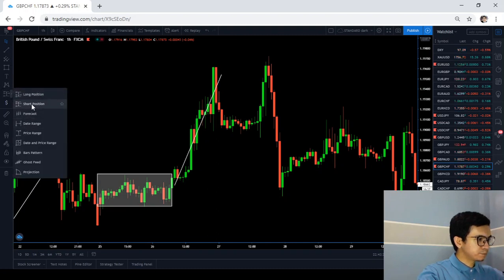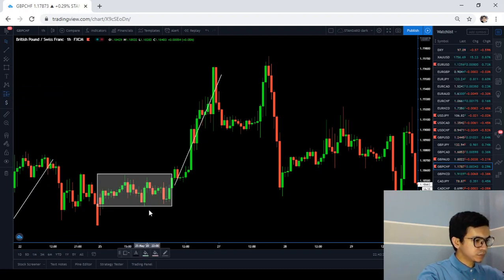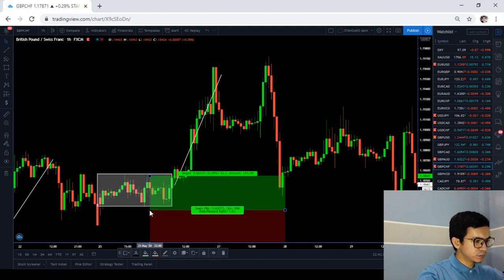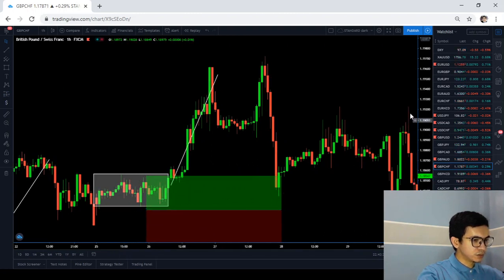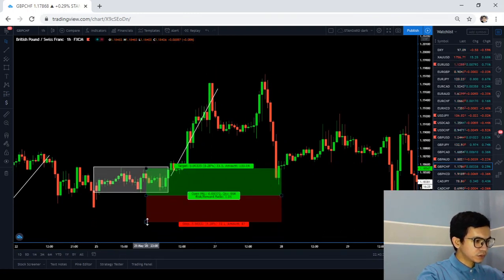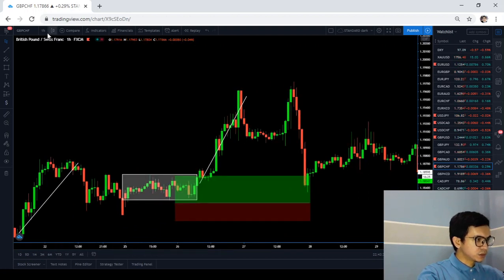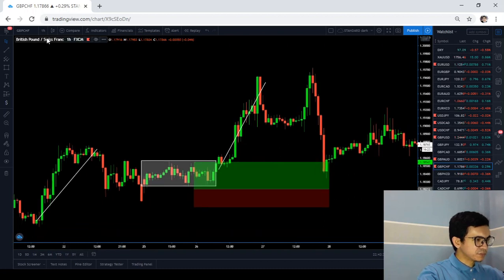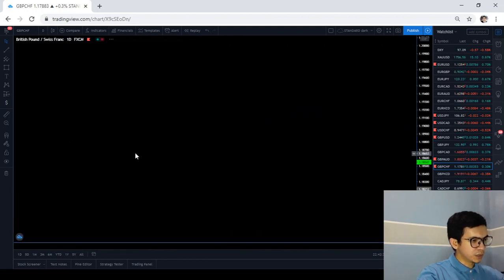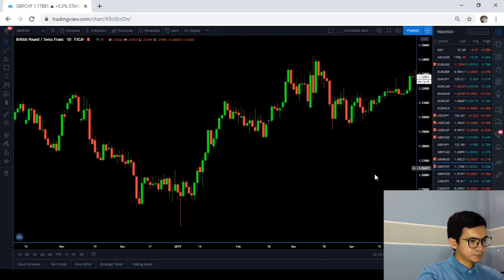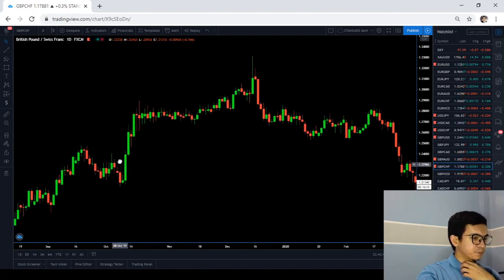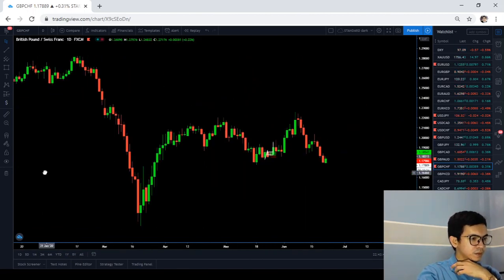Diba? Dito, boom. Ang aking stop loss just below next structure. So, TP ko, let's say, let's go back to the higher time frame. Sana yun?